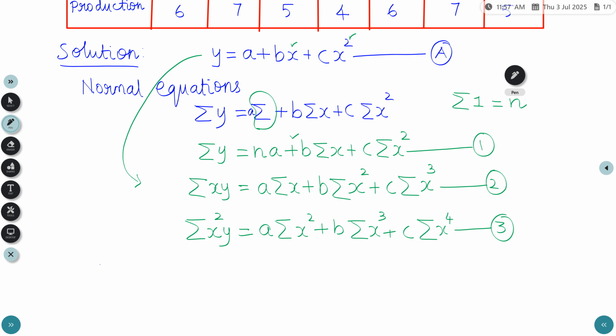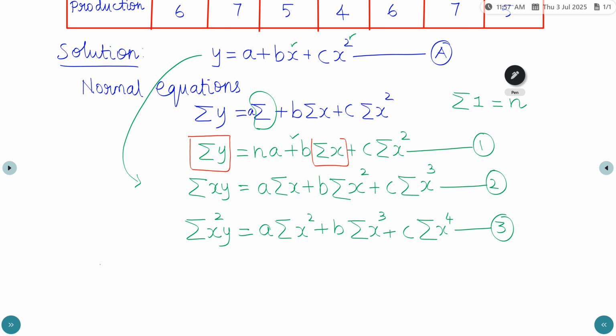See, in these equations we need summation y value, summation x value, summation x squared value, summation xy value, and then summation x power 3 value, summation x power 4 value, and summation x squared y value. To calculate these summation values, we need to work out the table.